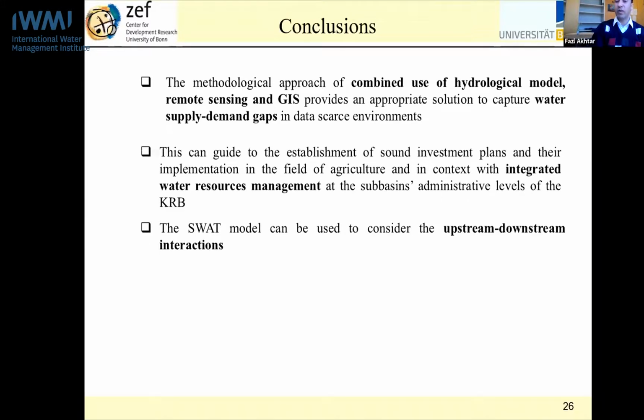Such kind of simulations and modeling can guide the establishment of sound investment plans, because so far whatever has been designed in Afghanistan has unfortunately, to some extent, because of missing data and updated information, had a less sustainable impact, or maybe even been challenging, because the current river basin approach in Afghanistan is based on integrated water resource management.